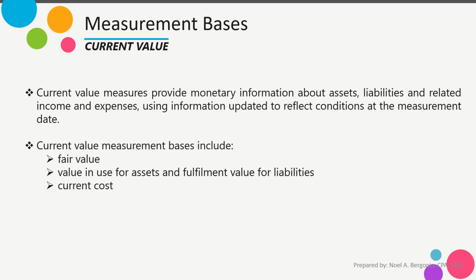On the other hand, the second measurement basis, which is current value, okay, states that, okay, it is a measurement which provides monetary information about the elements of financial statements using, take note of this, updated value or information updated to reflect the conditions at measurement.